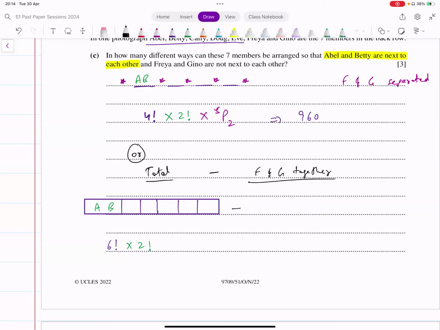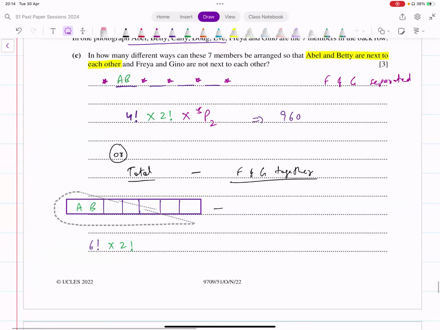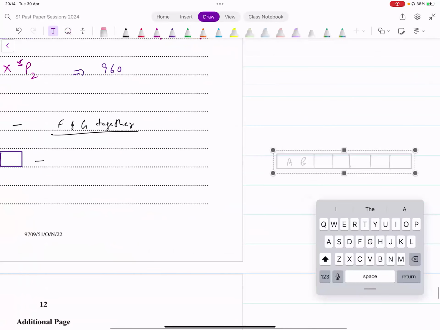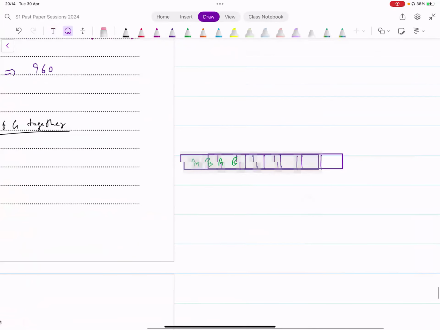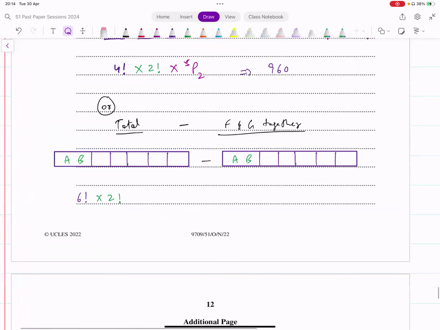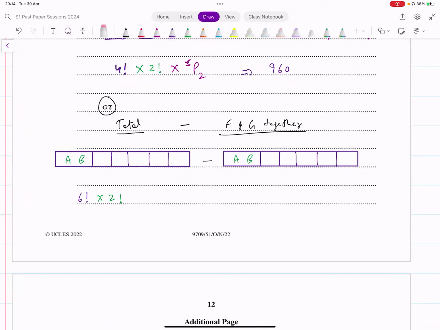Subtract from this the case when F and G are also together. So we've got the same boxes again, and now F and G are also together. So we also place F and G here in a single box. How many total boxes do we have now? 5 boxes.